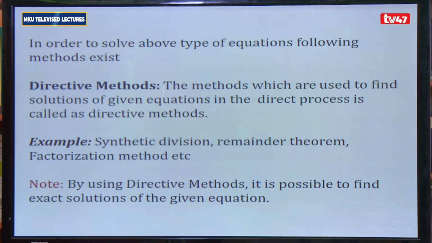There are ways in which we can find solutions to either algebraic or transcendental equations, and we have two common ways. One of them is the direct method. This method is used to find solutions of a given equation in a direct process, and some common methods classified as direct methods are synthetic division, use of the remainder theorem, and the factorization method.